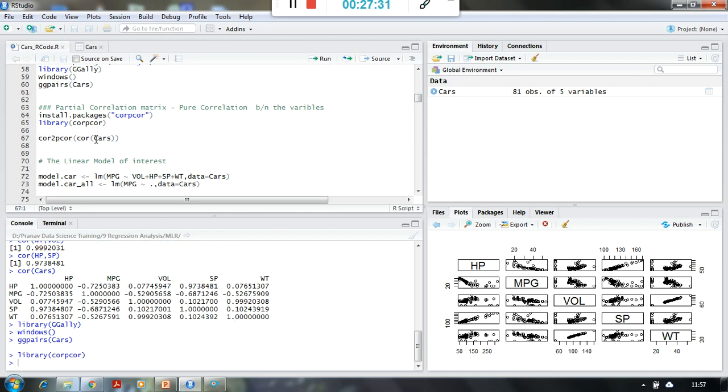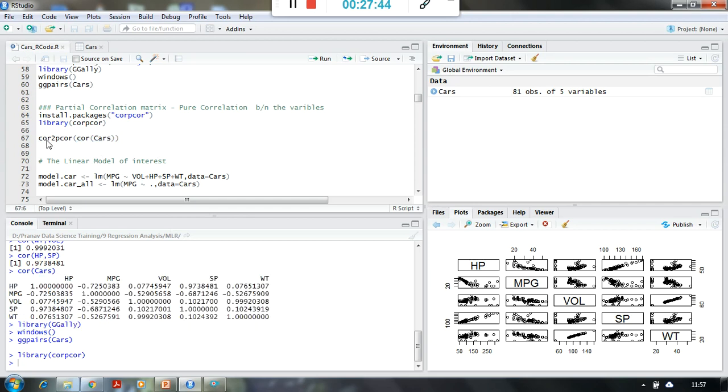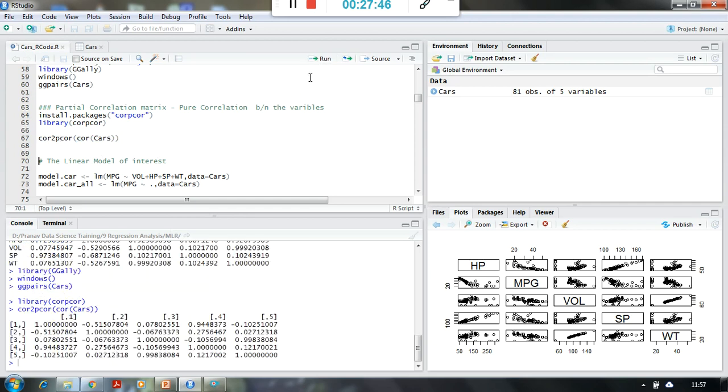So the library is corpcor, which I have invoked over here, and now I am going to pass this entire matrix which we have got over here to the cor2pcor function, and it is going to give me another matrix, which is a pure correlation between any two variables.